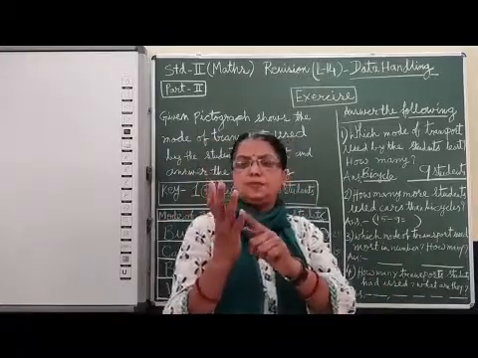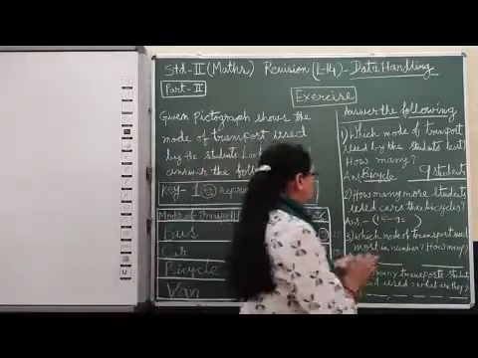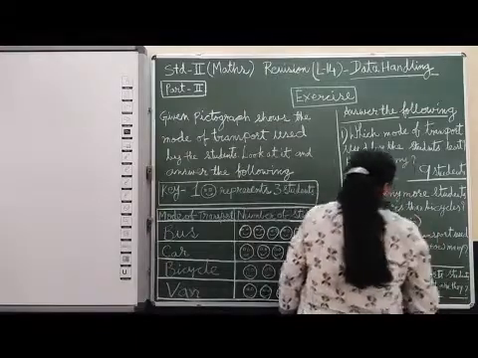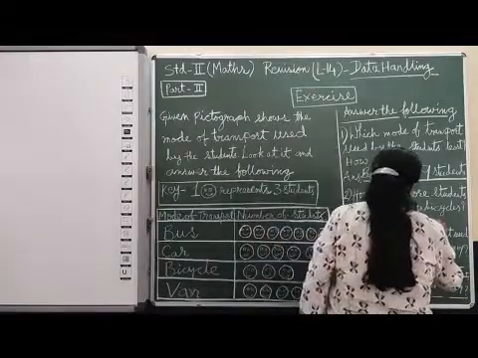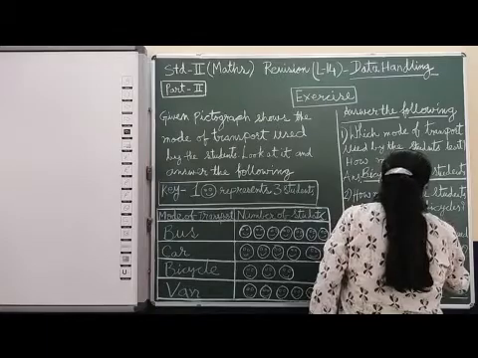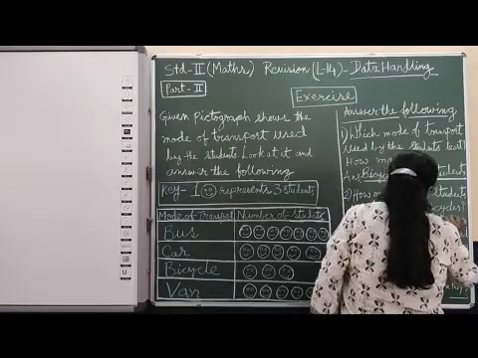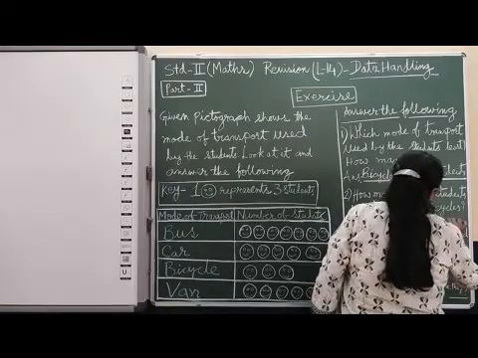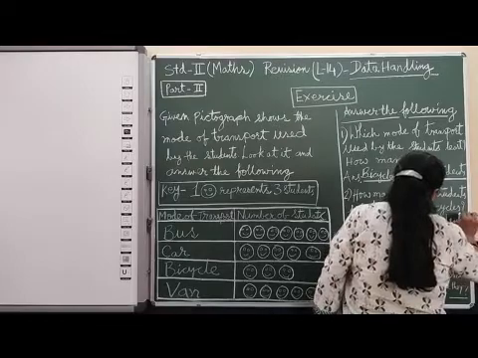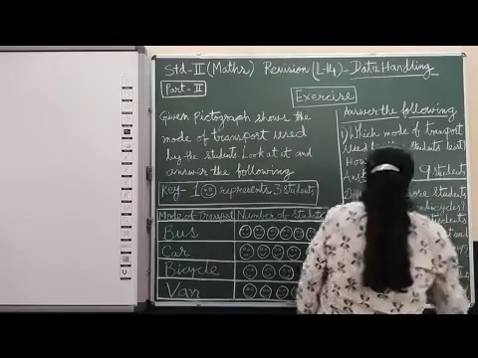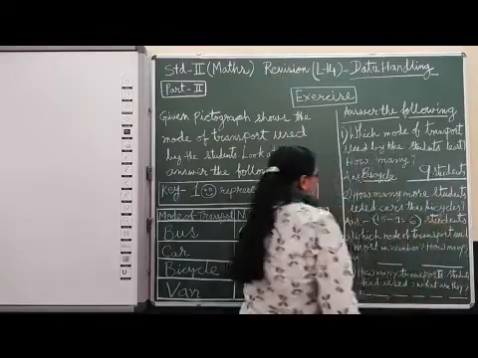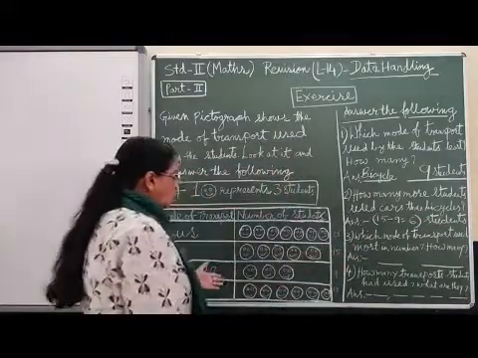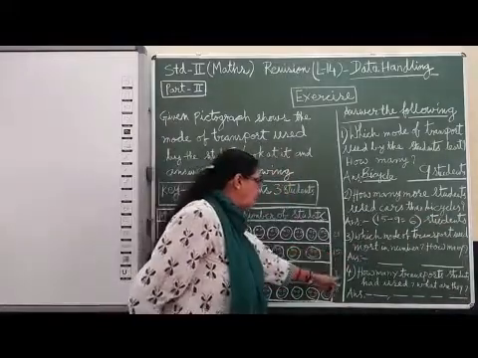11, 12, 13, 14, 15. 6 students. So here we will write 6 students. Okay. 6 students. Clear? This way you have to find out. How many more? How will we find out? 15 we have got. Here we got 9.